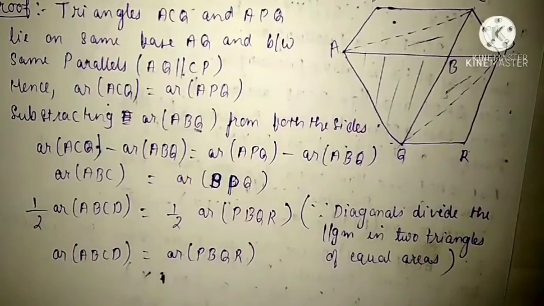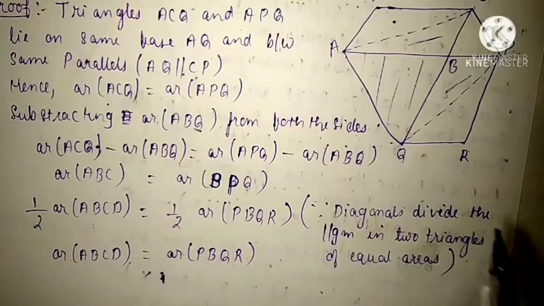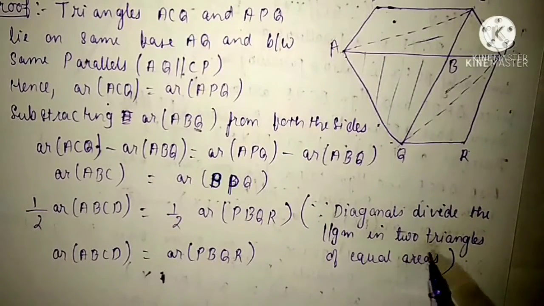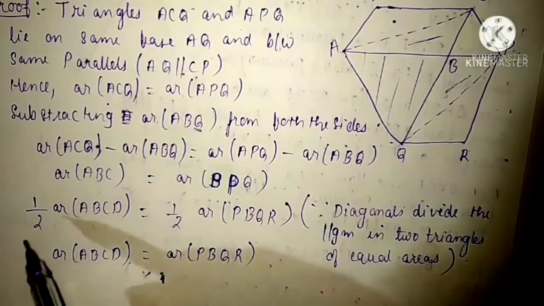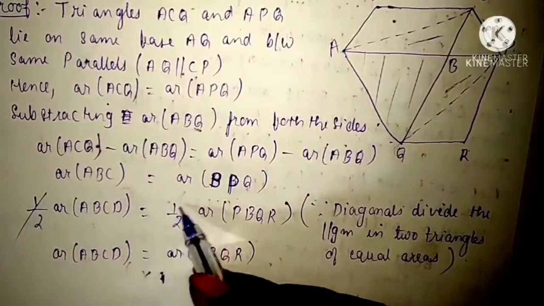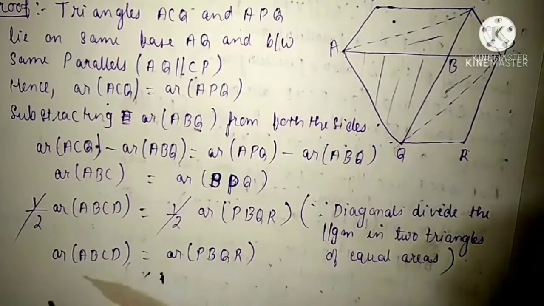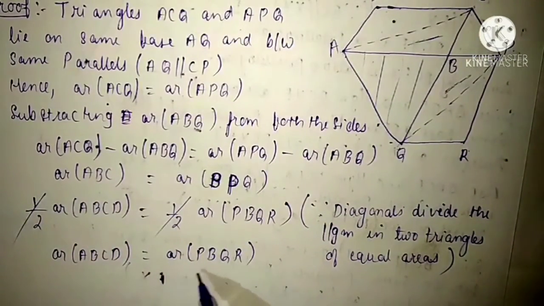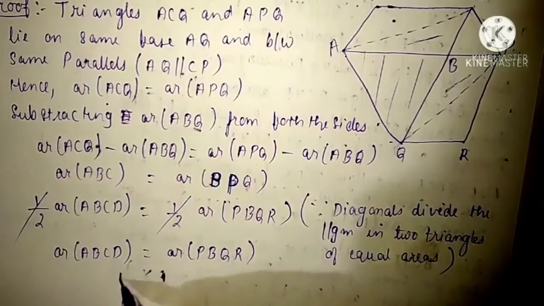Okay, and what will be the reason? Diagonals divide the parallelogram in two triangles of equal areas. Okay, now this half and half will be cancelled. What is left? Area of ABCD equals to area of PBQR, and this is what we have to prove. So we can write hence proved.